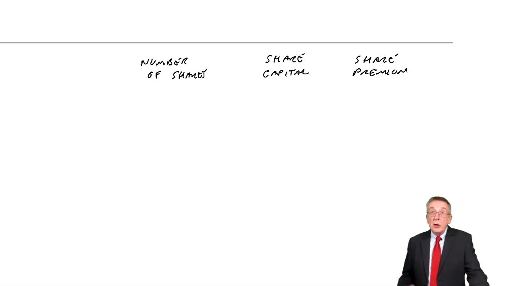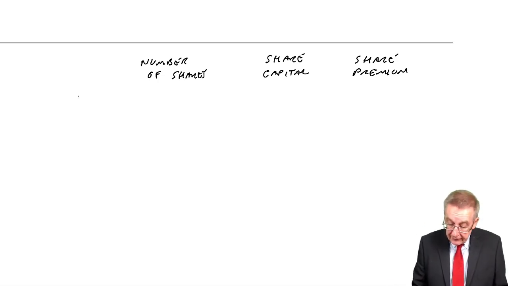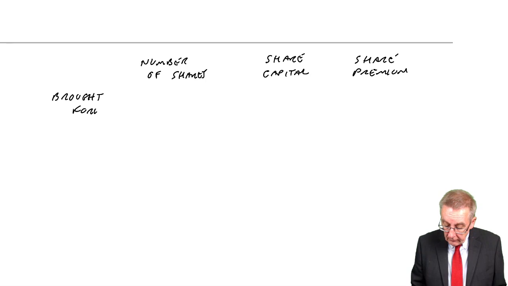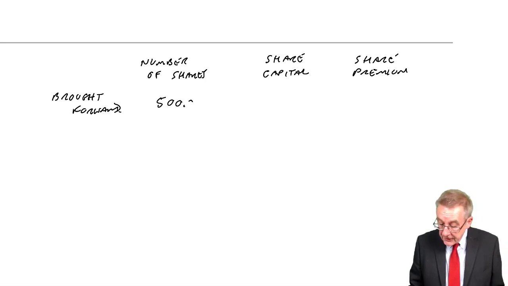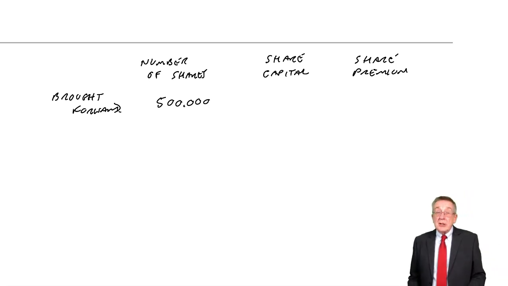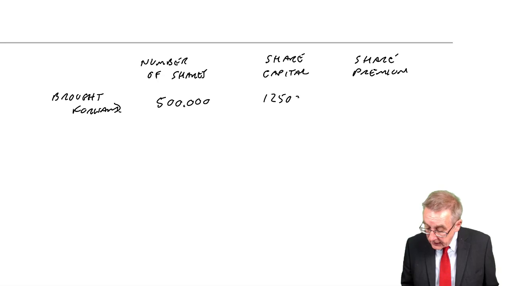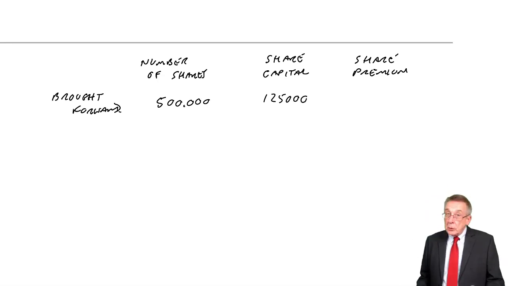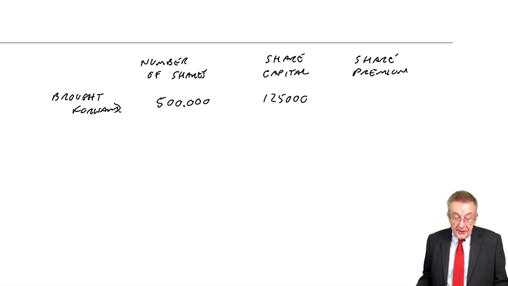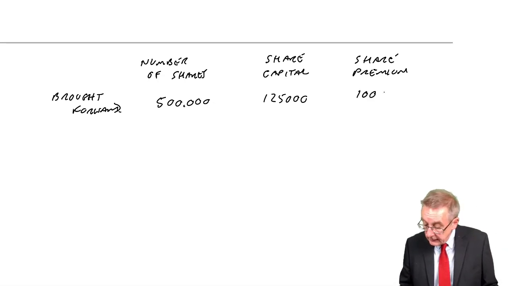At the end of 2004, the beginning of 2005, brought forward, there were 500,000 shares. The total share capital at 25 cents, 125,000. And the total share premium, the extra they'd paid at some stage, 100,000.